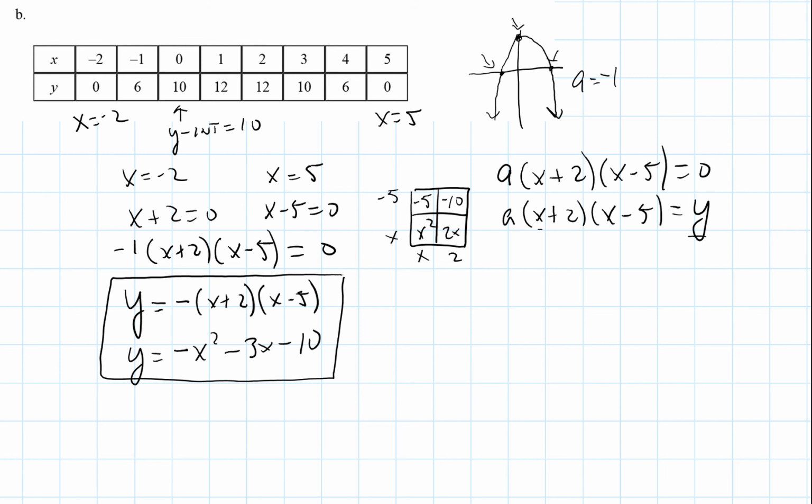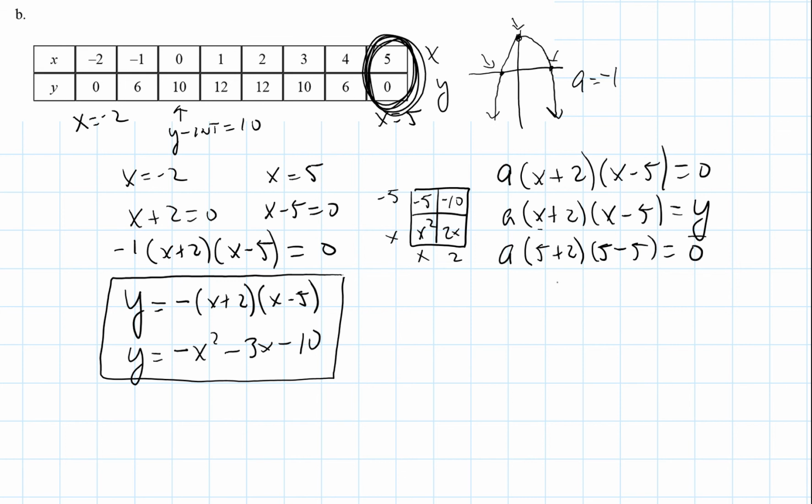So then what you can do is pick a point on your graph. Now you can pick any point you want. The easiest is a lot of times to pick a y-intercept. So if I pick (5, 0), I've got x and I've got y. You plug it into your equation. So you have a times 5 plus 2, and then 5 minus 5 equals 0.